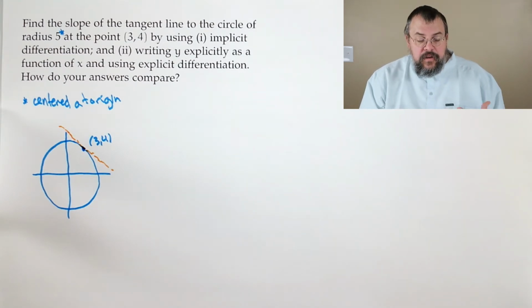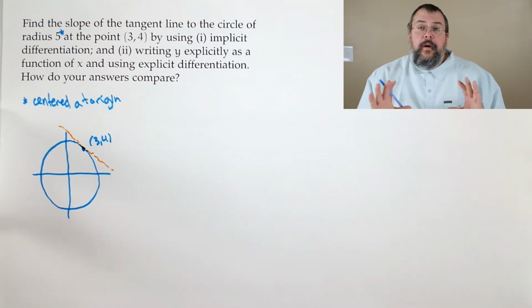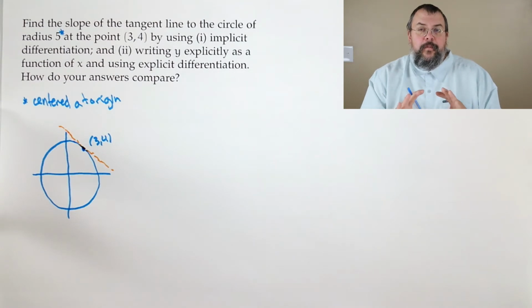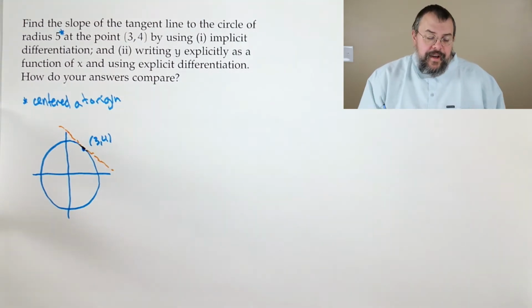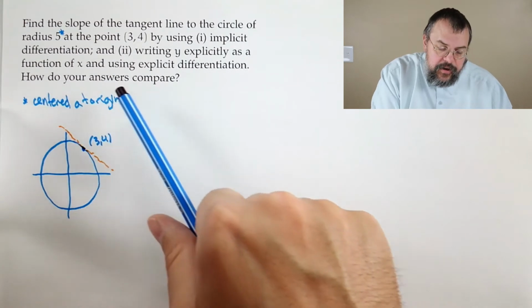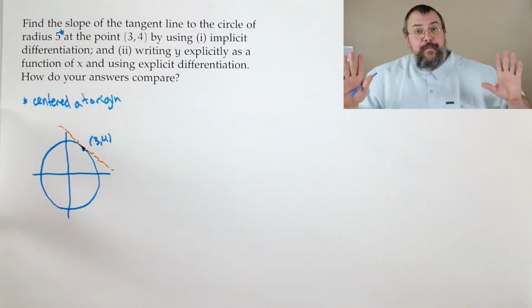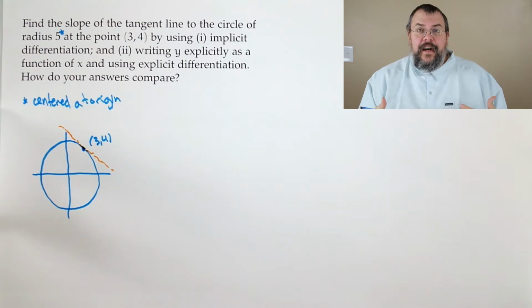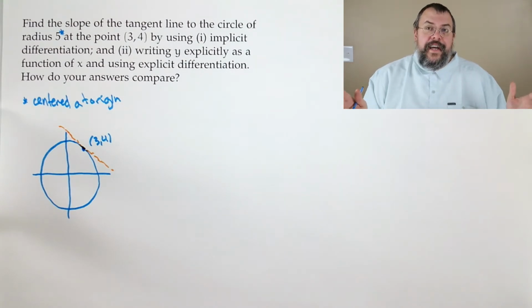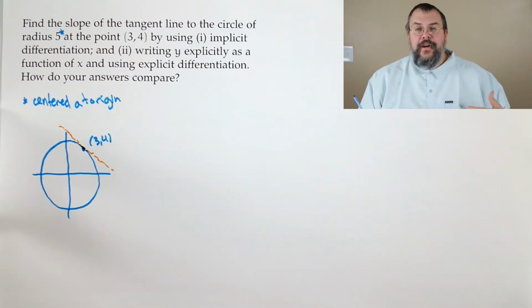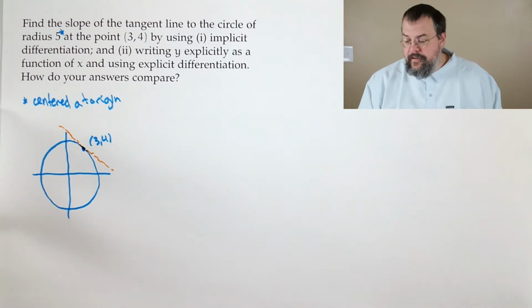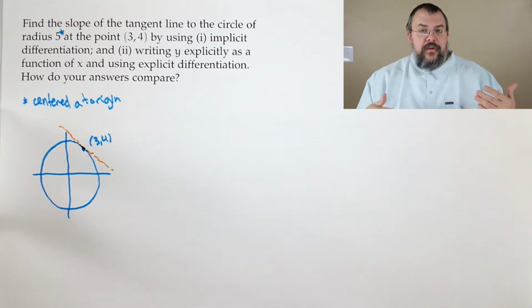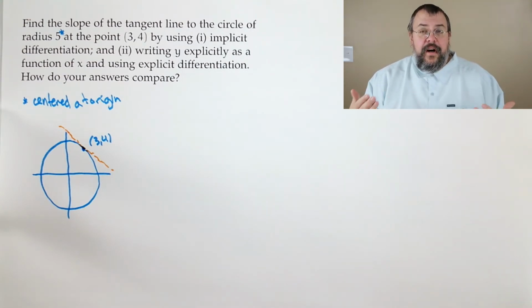Okay, so we're actually going to do this by two methods. Not because one method works and the other method doesn't. We're going to get to the end. How do your answers compare? They have to be the same. If they're not the same, we've made a mistake, because it's not that one method will give you a right answer and one method will give you the wrong answer. Both methods, if they give an answer, will give the correct answer. But what we want to see is, let's look at the process.